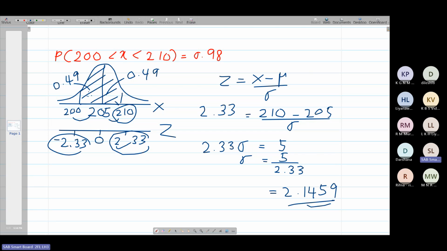Normally you take the answer to 4 decimal places. 2.145 is the standard deviation here. After the adjustment, the standard deviation is 2.145. Before that it was 1.78.